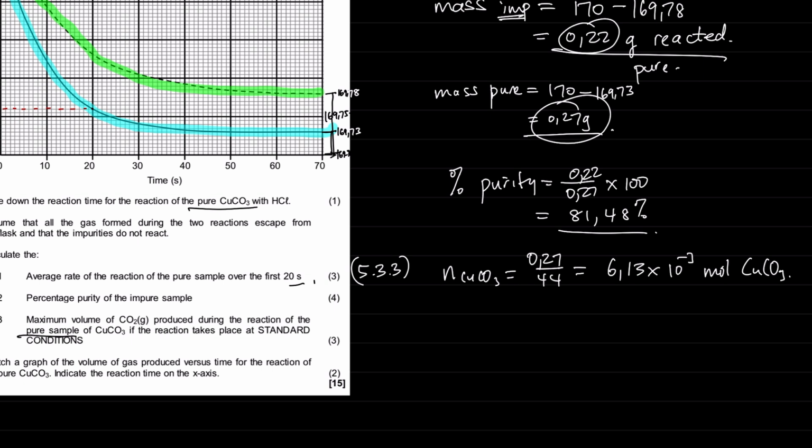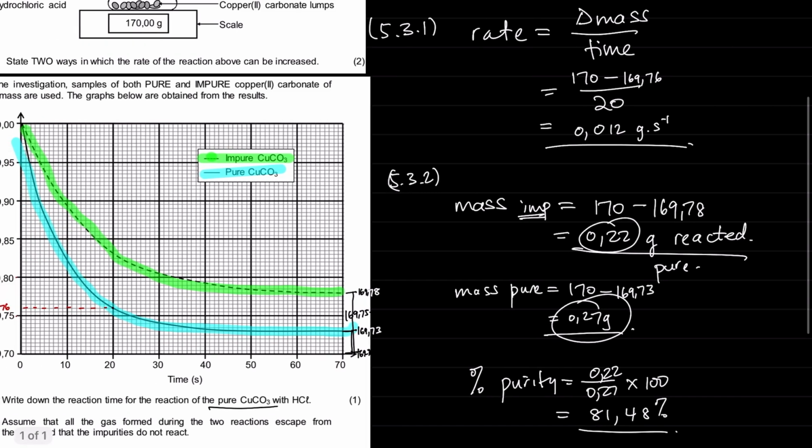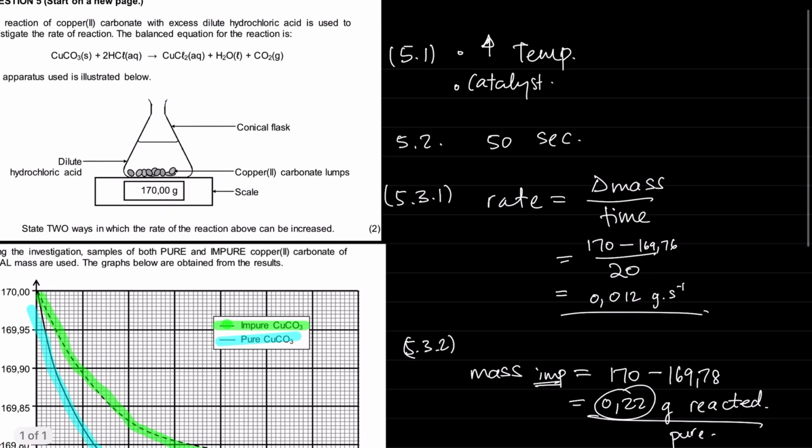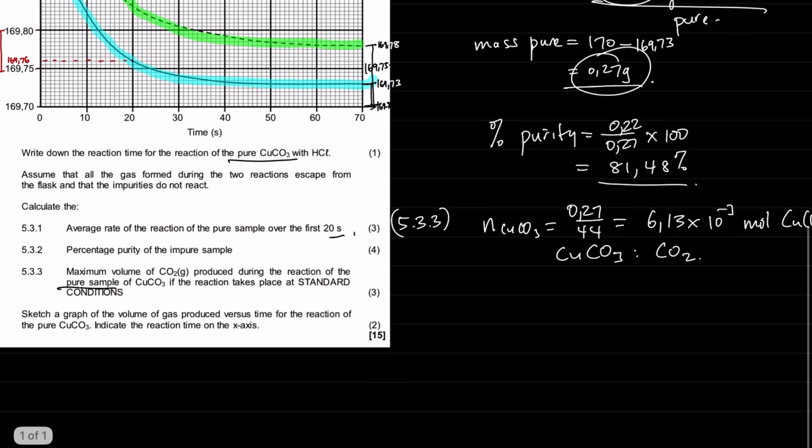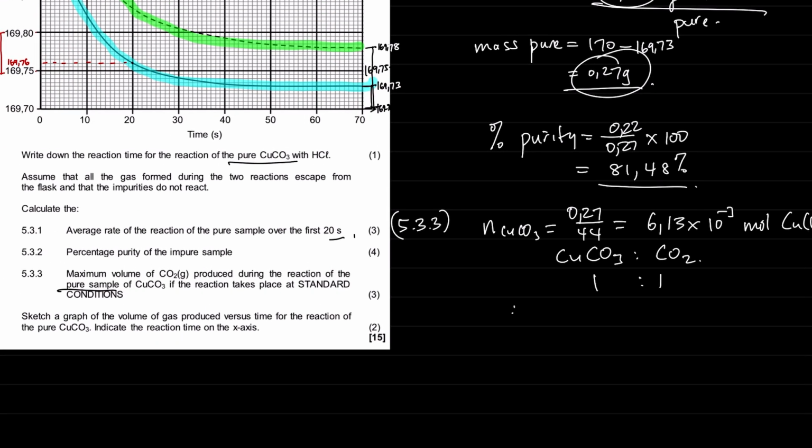Now we need to do a mole ratio. The mole ratio of copper carbonate to CO2 from the reaction is 1:1. So that must mean that the number of moles of CO2 is going to equal 6.13 times 10 to the minus 3.